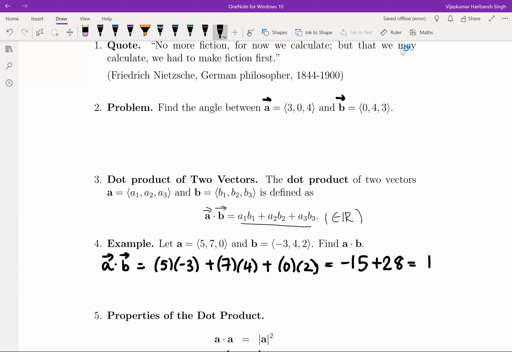Now there are a few properties of the dot product, namely A dot A is the length of A, the whole square. That is not hard to see. Why is that?